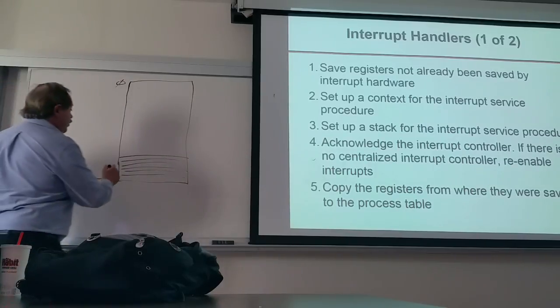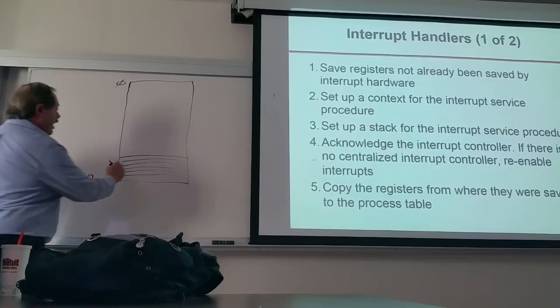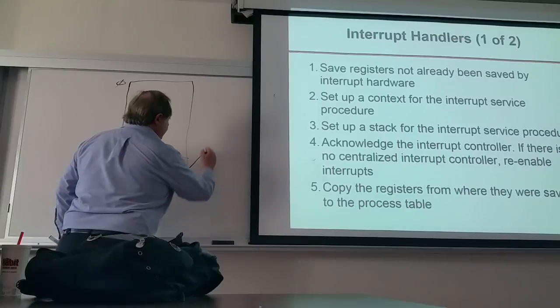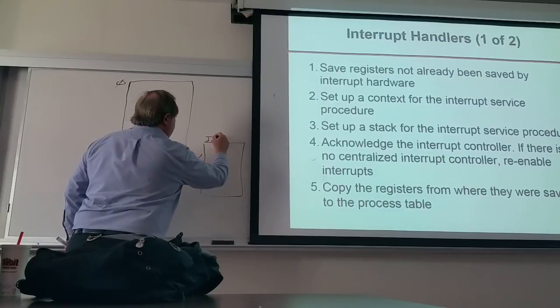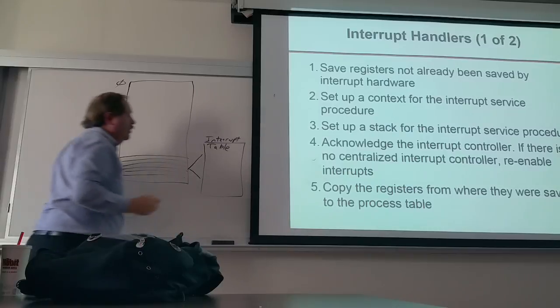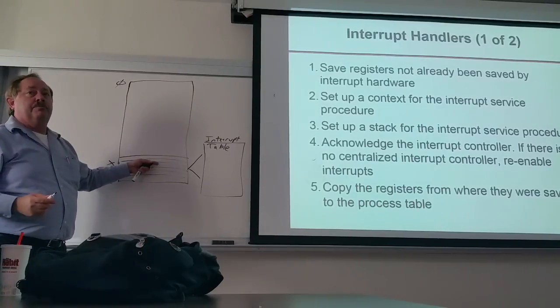So at some address, it has been determined that you will have an interrupt table. I'll expand this address like this. Okay, so starting at this address, there's going to be an interrupt table.